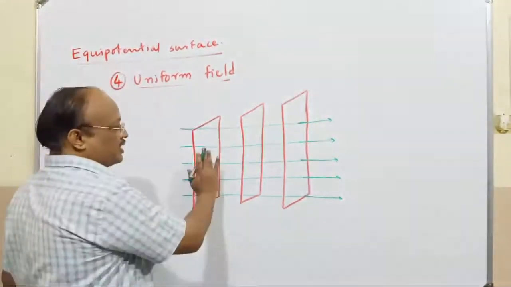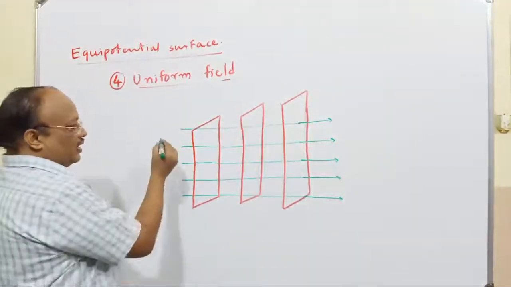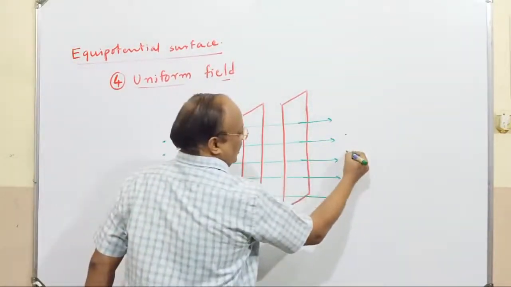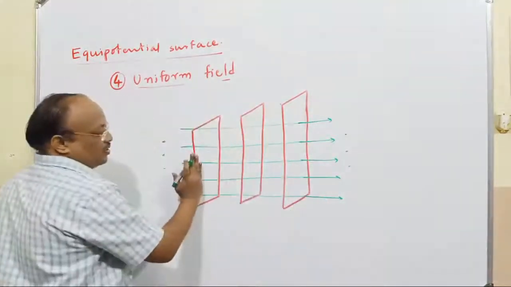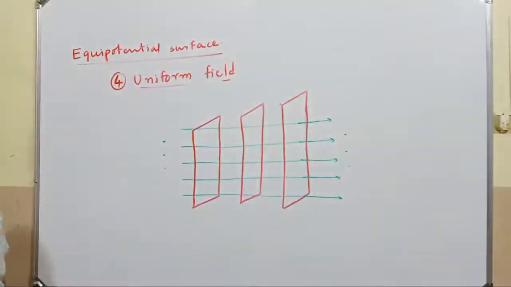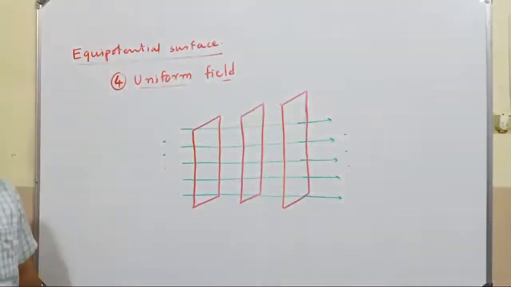So these represent our equipotential surfaces. This side it will be the positive charge, this side the negative charge in the electric field. So these are the equipotential surfaces when the field is uniform.